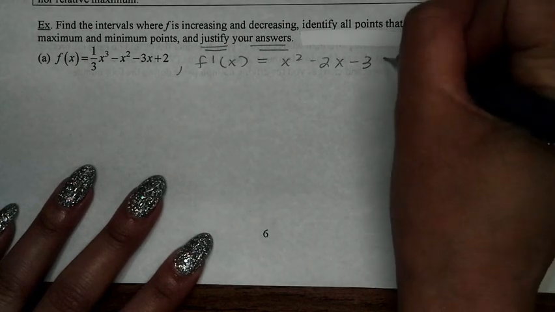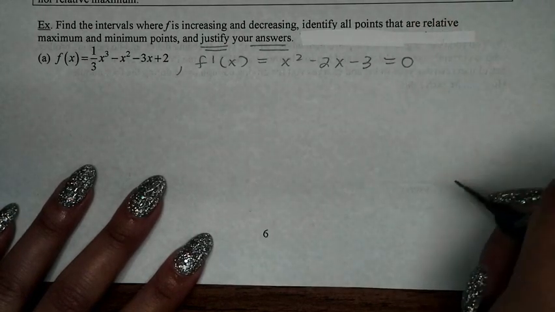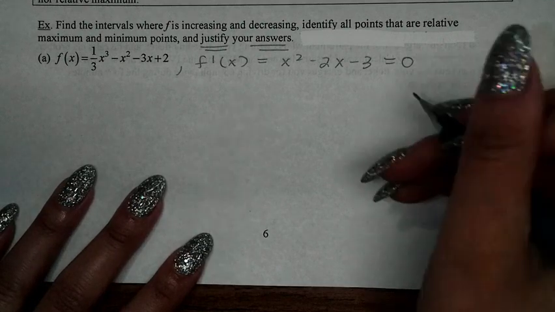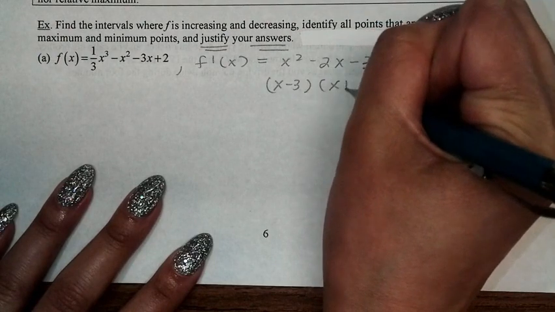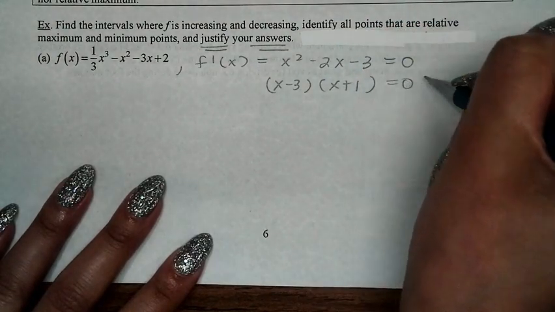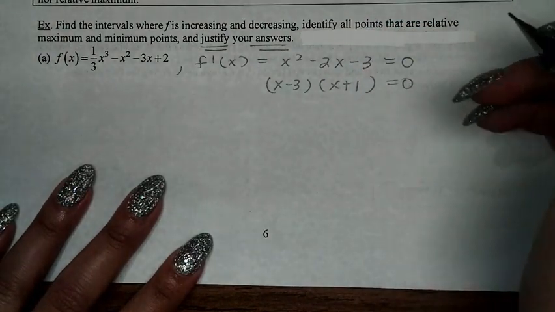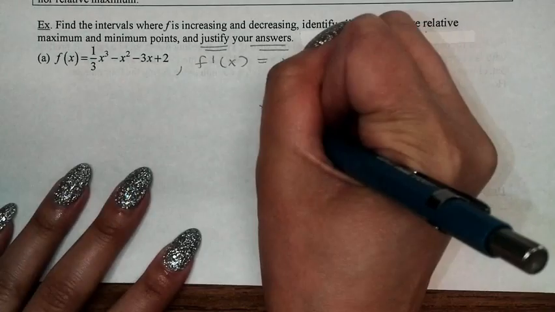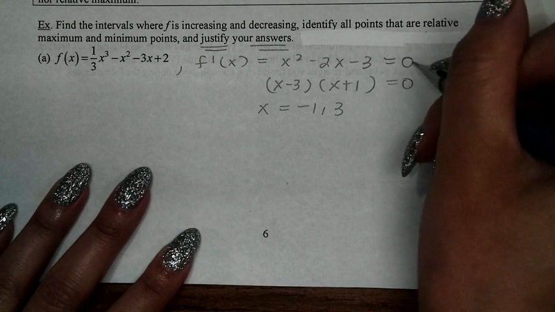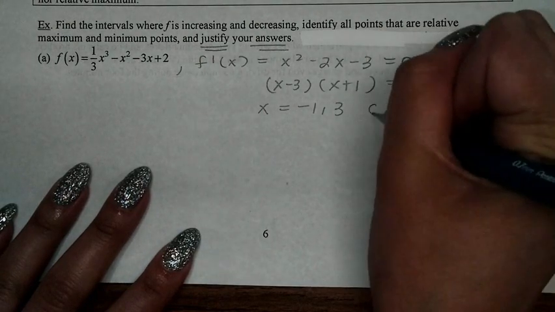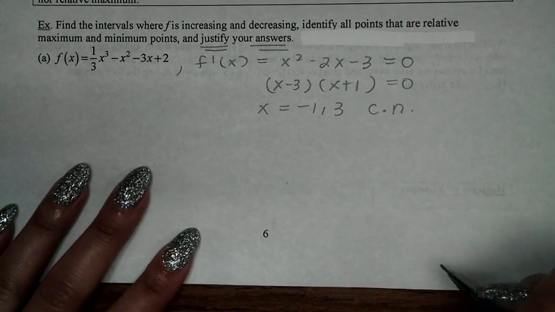Now let's set this equal to 0 to find your critical numbers. You factor it: x minus 3 times x plus 1 equals 0. So x equals negative 1 and 3 are what gives you the 0 here. Therefore, these are critical numbers, both of them.